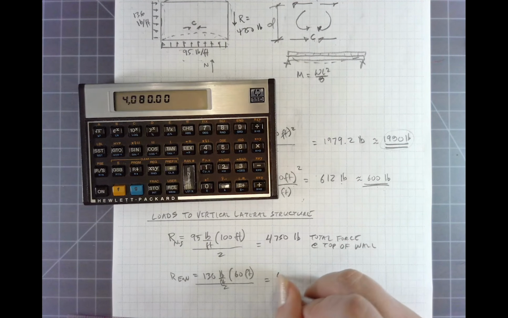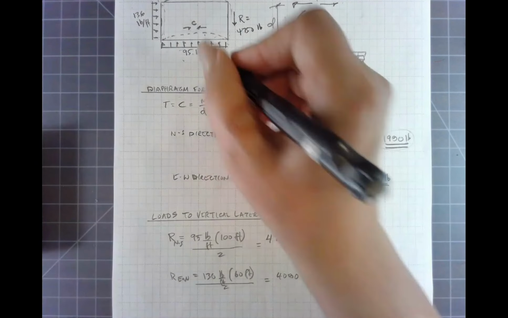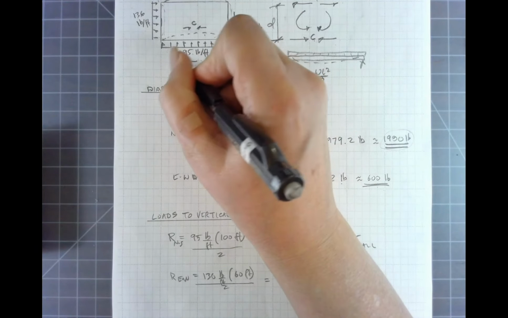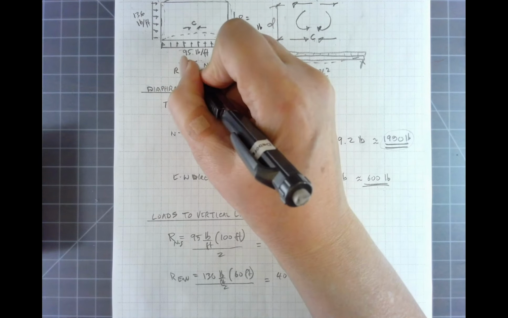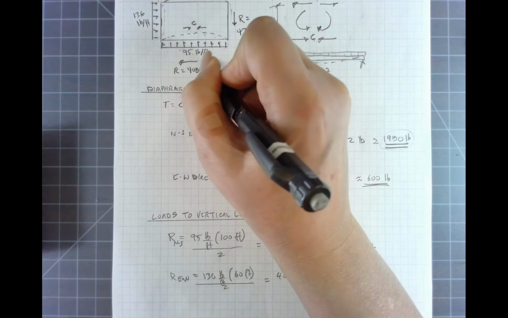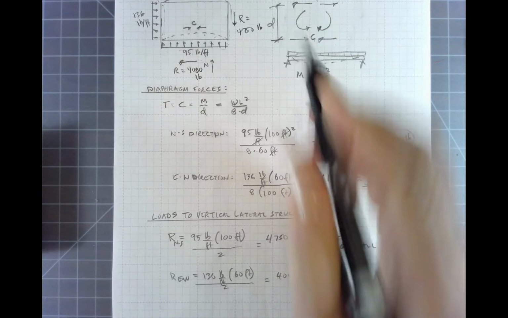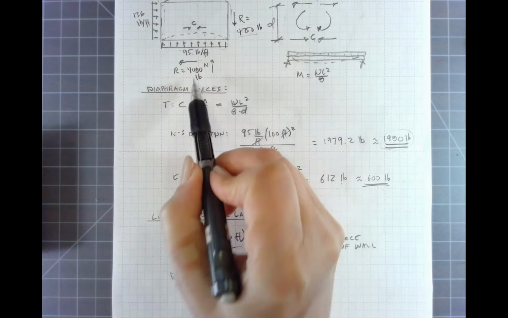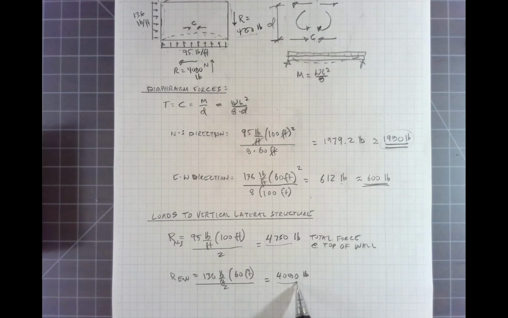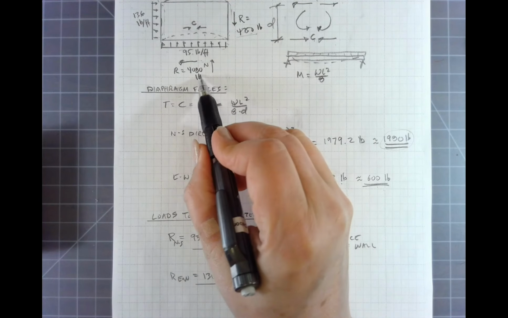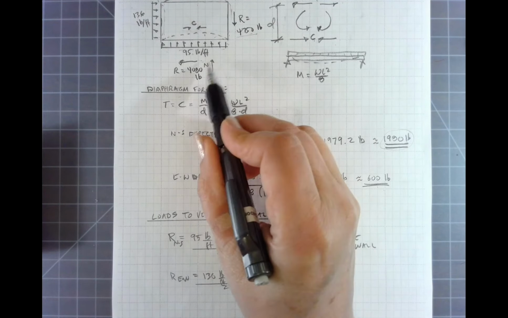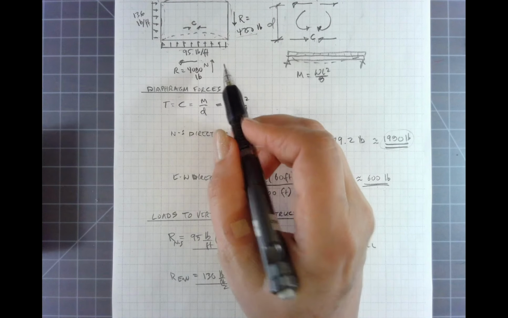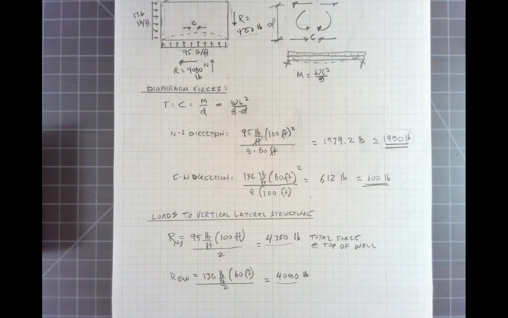It is 4,080 pounds. That's the reaction force. And these two forces, the 4,750 and 4,080, are what go to our supporting shear wall or braced frame or rigid frame. And that's pretty much it, step by step, through the basic calculations for a seismic load.